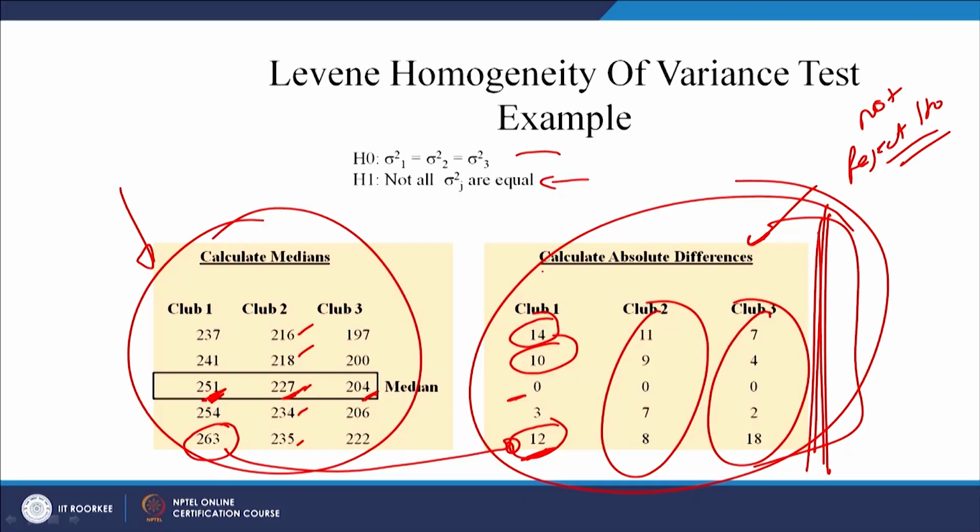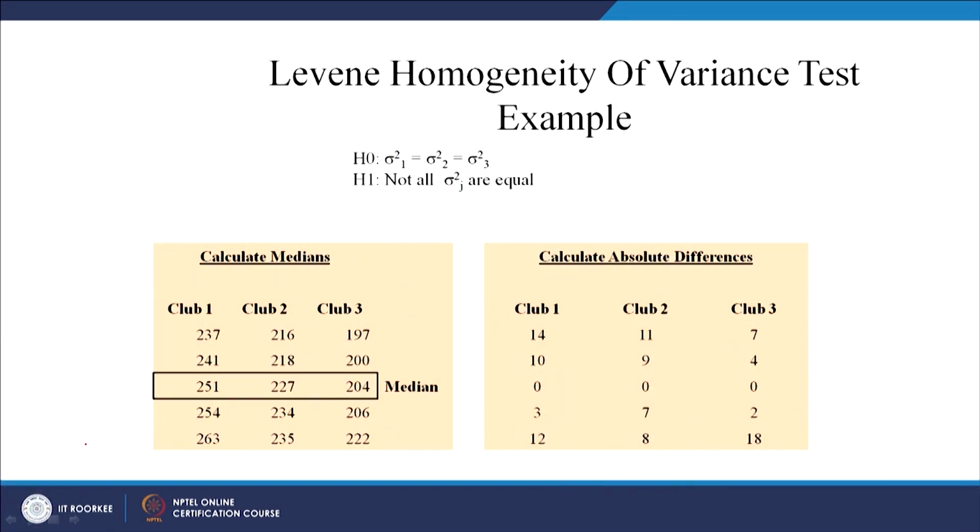Okay. So, what have we done? We have performed one way ANOVA on absolute differences, but there is an option in Minitab wherein you can directly compare all the variances. So, let us look at the same question once again. This is the question we have got. For simplicity let me remove all these points.